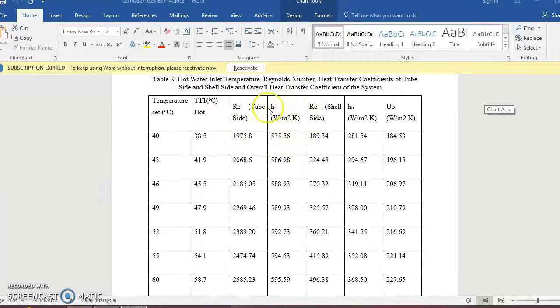Then the heat transfer coefficient for the tube side is this one. Then the Re value for the shell side, the h naught, which is the heat transfer coefficient for the shell side, and then the U naught, which is the overall heat transfer coefficient of the system. These are the values that we have calculated.